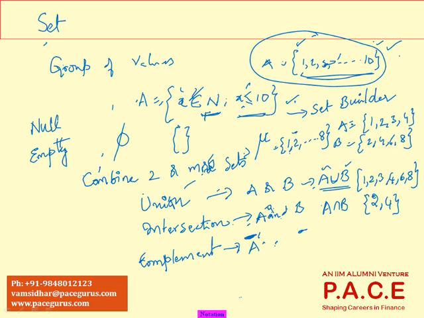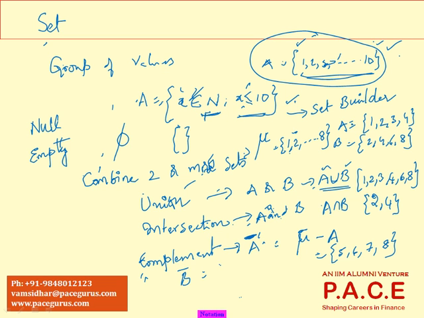Then A complement is something which is there in the universe, but not in A, which means the elements 5, 6, 7, 8. These are there as a part of the universe, but they are not present in A, so that is what we call A complement.